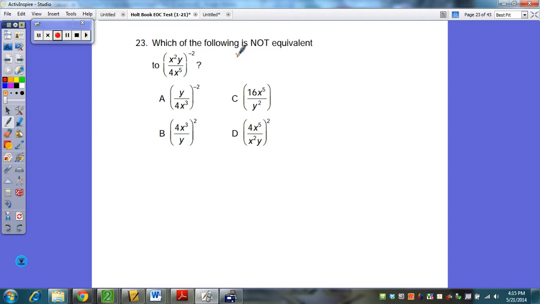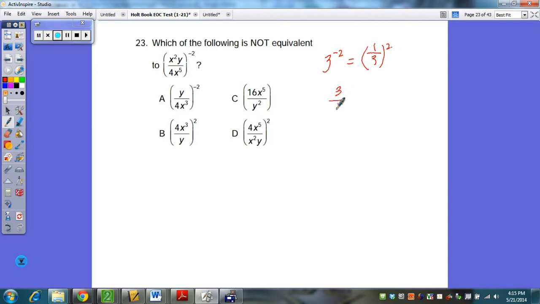Which of the following is not equivalent? Remember exponential properties. A negative exponent flips it. If I have 3 to the negative 2, I flip this and make it a positive exponent. 1 over 3, positive exponent.